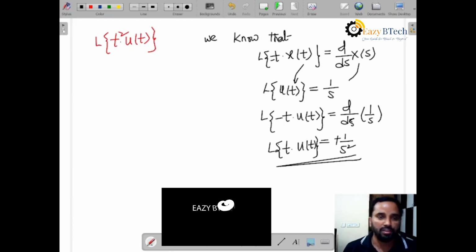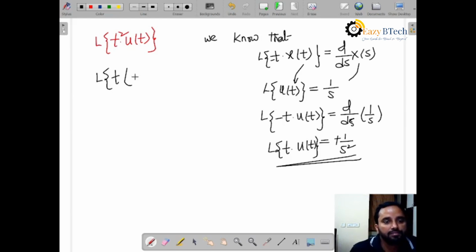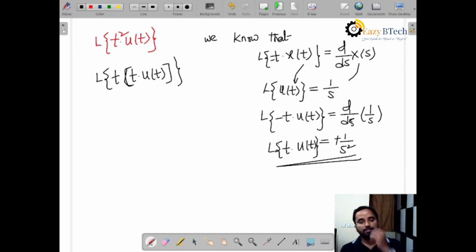Now we want t square u of t. Means you are multiplying again by t. Right? So we are multiplying again by t. Then it will become t square u of t. So as per, if you multiply one time t, we need to do differentiation of x of s one time with minus t. So here one more time is multiplying.